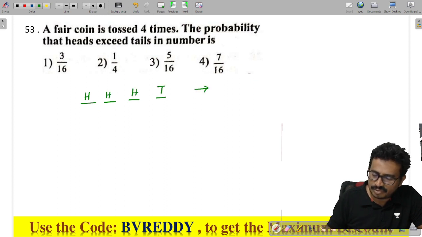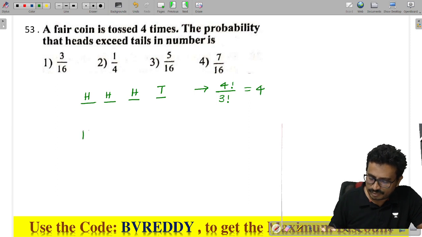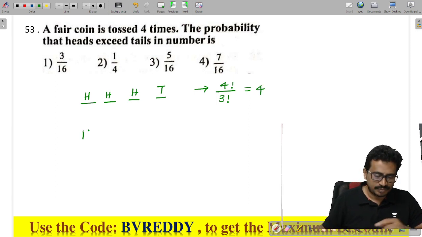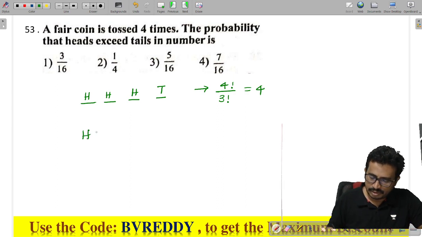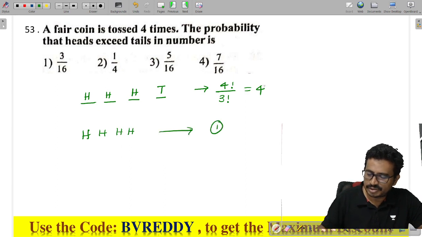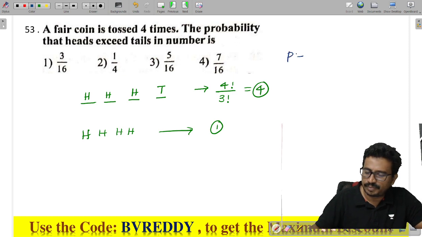This is a combination of how many? 4 factorial by 3 factorial, which is equal to 4. Any other combination possible? All heads, if I take, so this is only 1 combination. So tell me the probability P, which is given as 5 by 16.